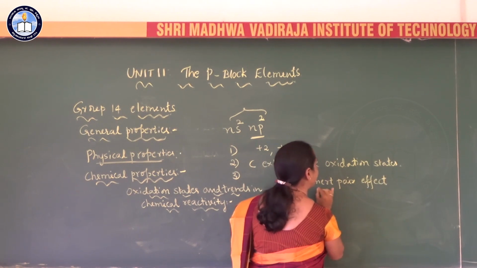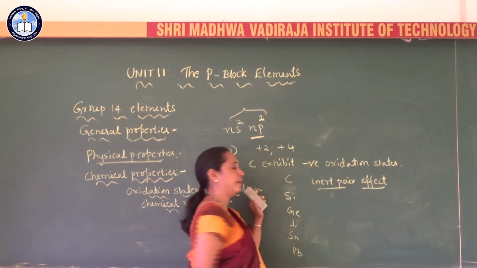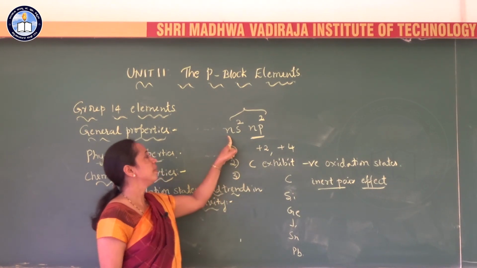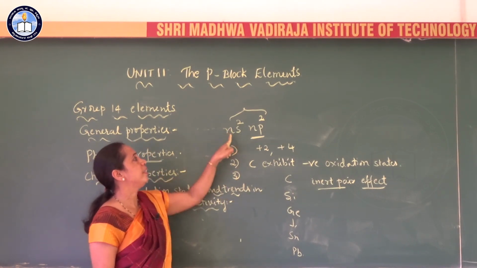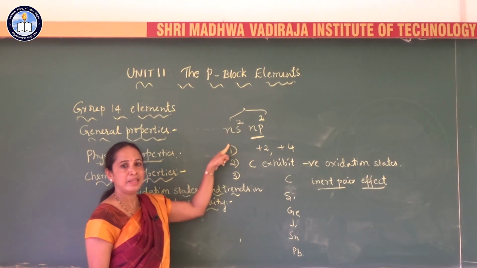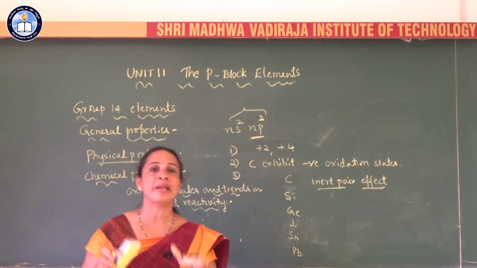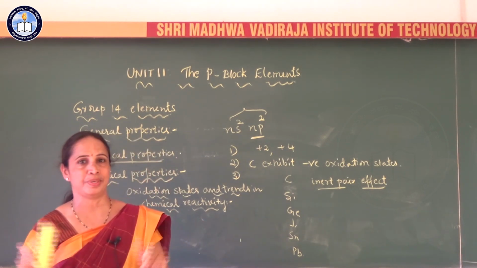What is the inert pair effect? Sometimes the electrons present in the s orbital remain inert and do not participate in chemical bond formation.